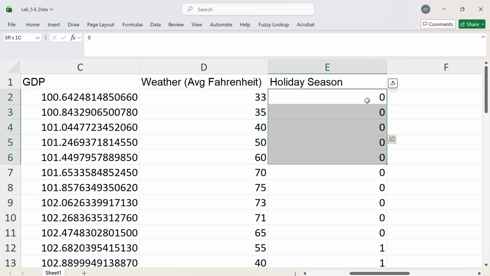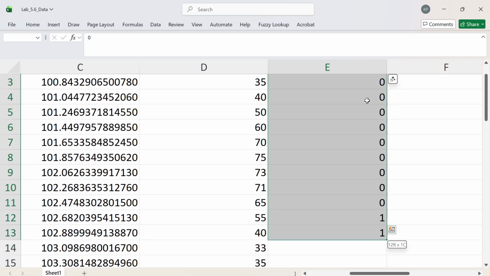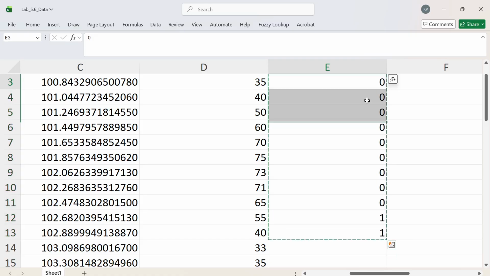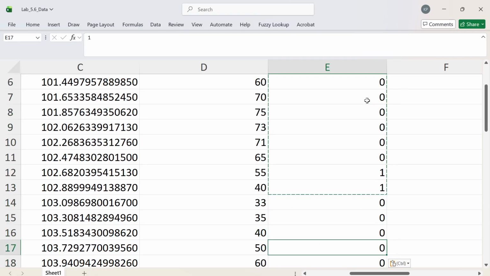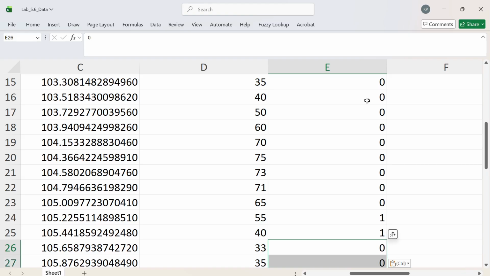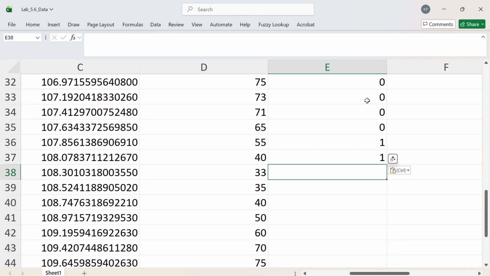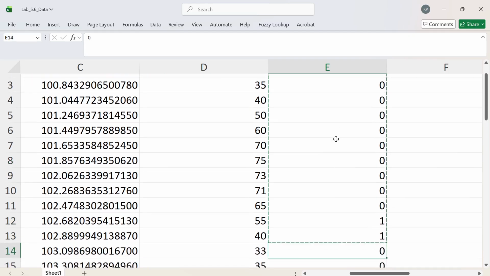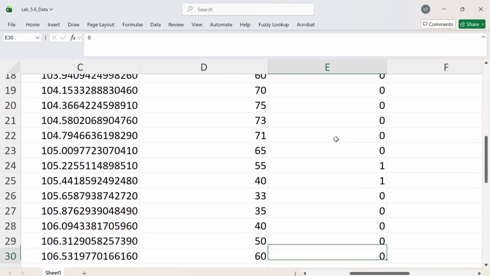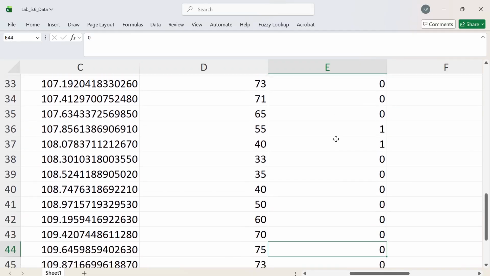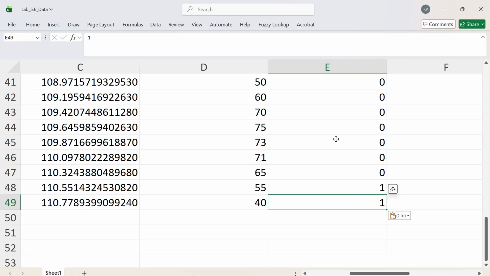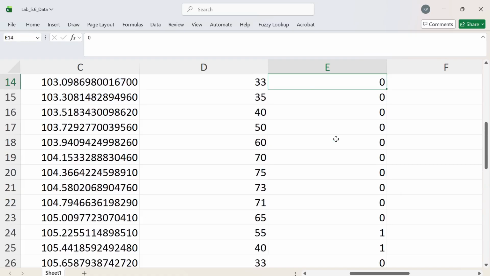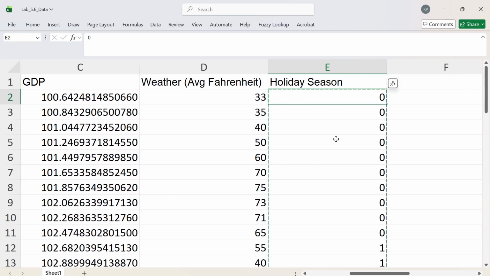So I copy and paste, Control C, Control V, Control V, and Control V. You can see I complete this column and we have 49. Is it clear?